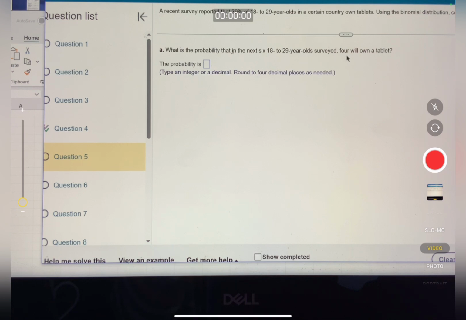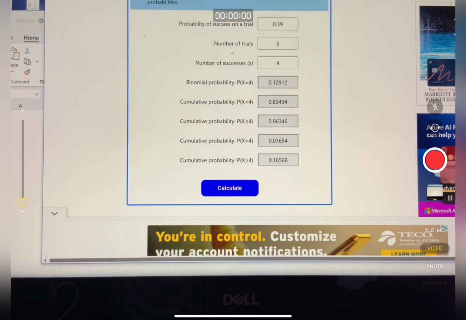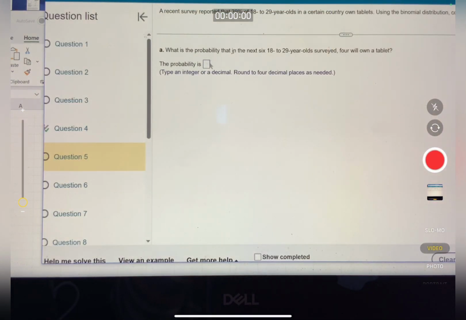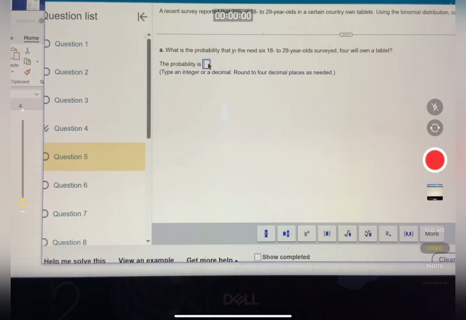The probability that it's specifically 4, right? Exactly 4 is 0.129. Let's write it down. It wants 4 decimals.